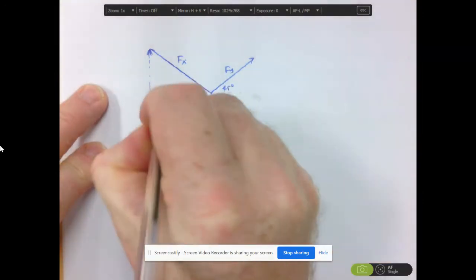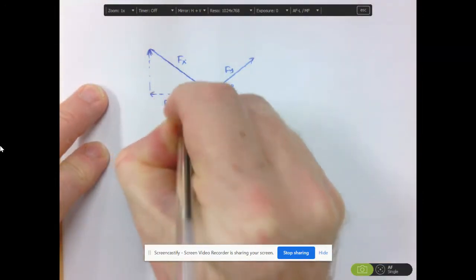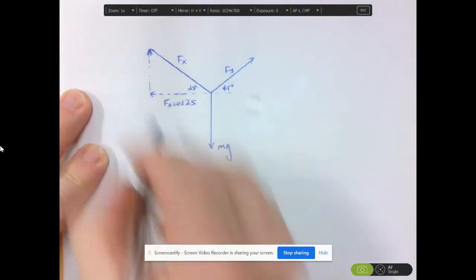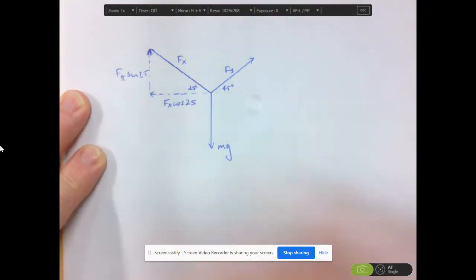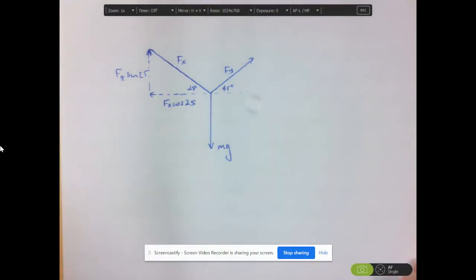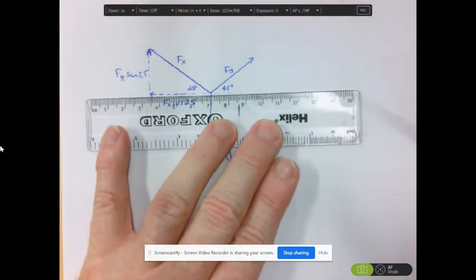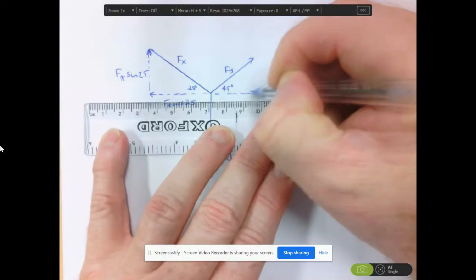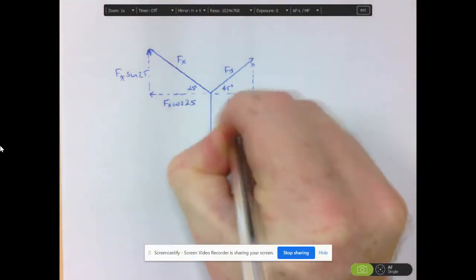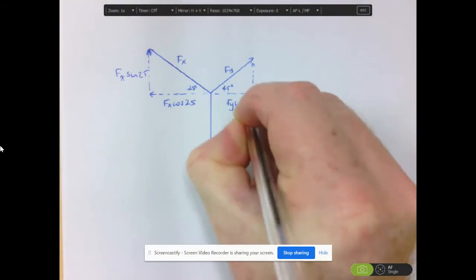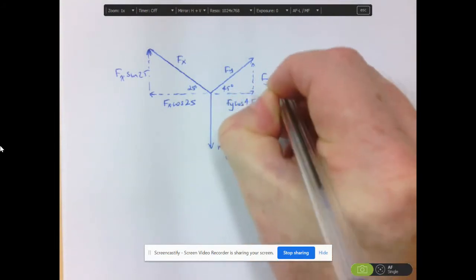So this is Fx cos 25. And this one over here is Fx sine 25. Doing the same with the other side. This is Fy cos 45, and this is Fy sine 45.